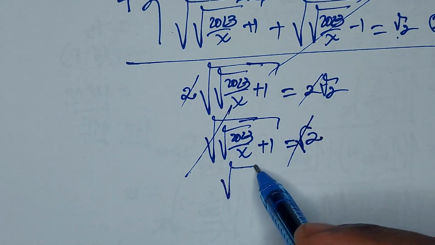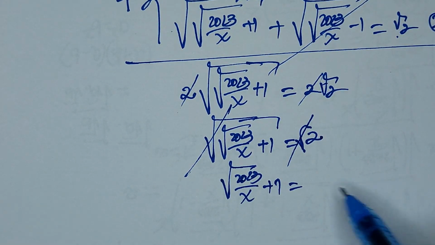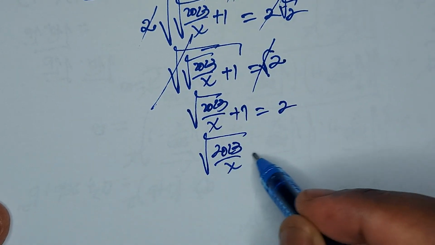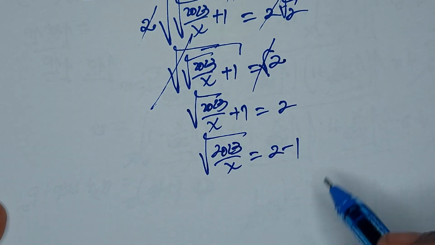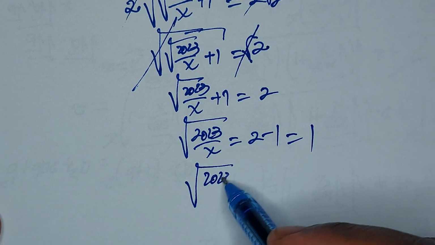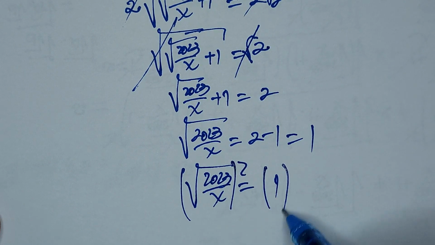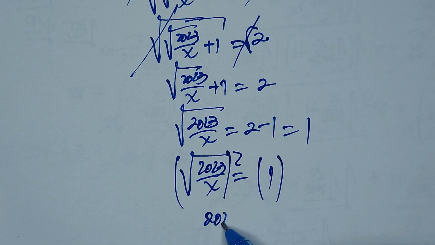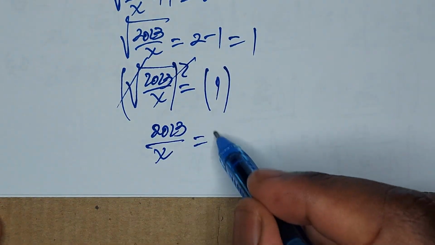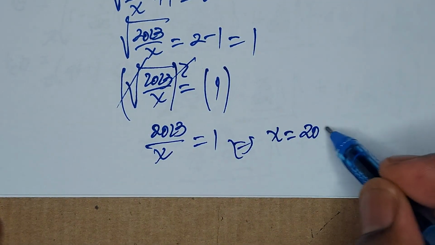So now I have the square root of 2023 over x plus 1 equals 2. So the square root of 2023 over x is 2 minus 1, which is 1. Squaring both sides, we have 2023 over x equals 1. So x equals 2023.